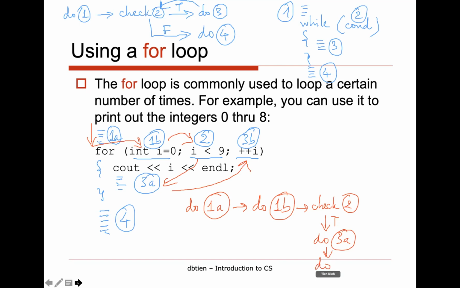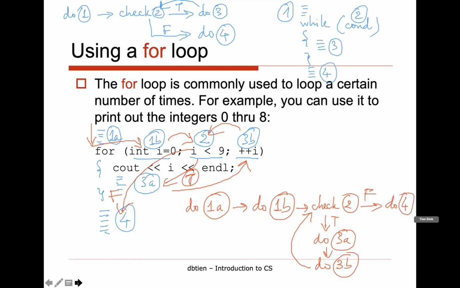And I go back to 2, check again. If it's still true, I will do 3A, do 3B, until it is false. If 2 is false, it will go out here. If it's false, it does the 4.